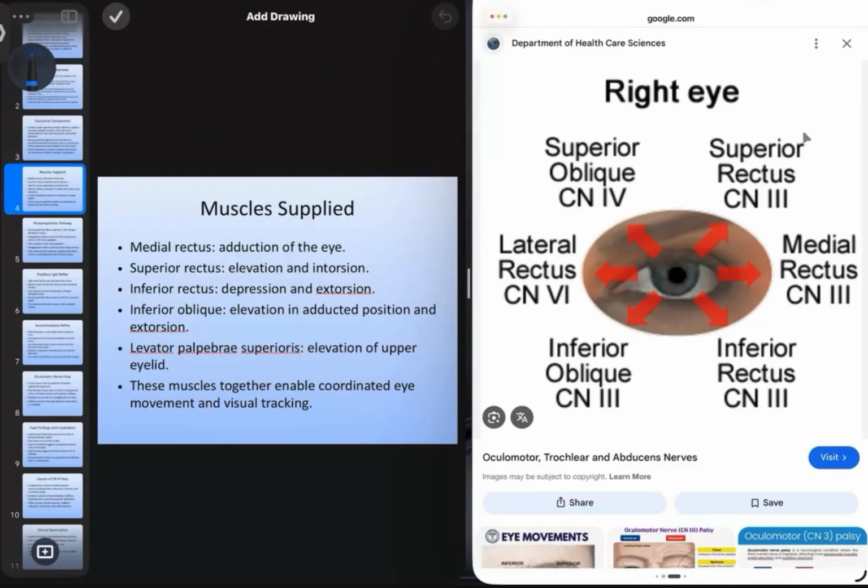This is for elevation, and inferior rectus is for extorsion. Extorsion means moving outside and down. It is also responsible for depression. Depression means moving the eye down. And inferior oblique, you can see here, it's for adduction. Adduction means towards the nose, with elevation in adduction. And you can see there is levator palpebrae superioris, which is for the movement of the eyelid. These muscles together enable coordinated eye movement and visual tracking.